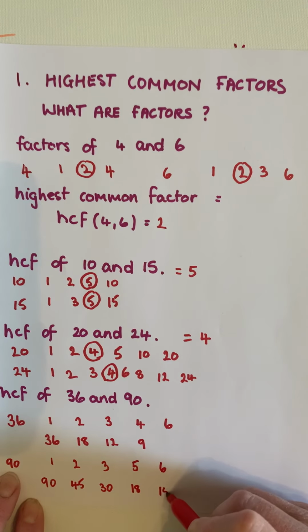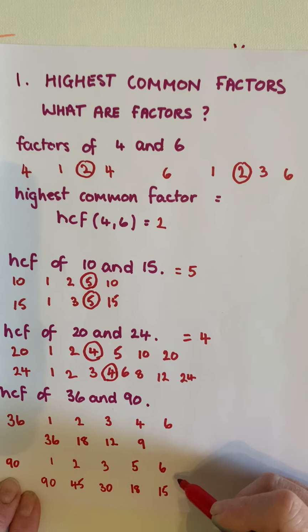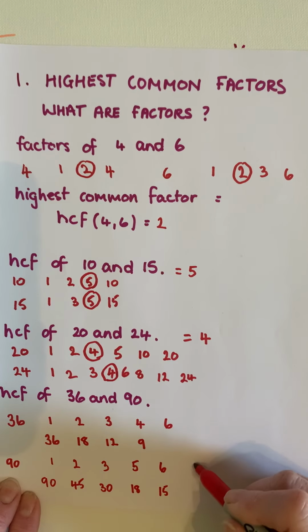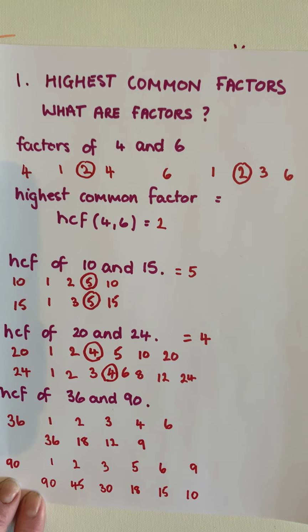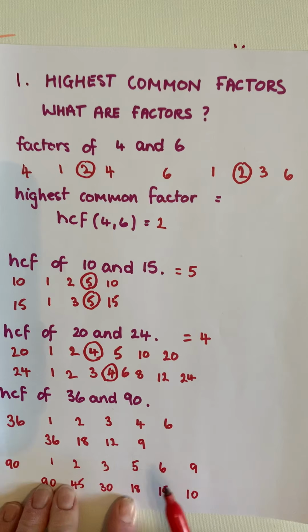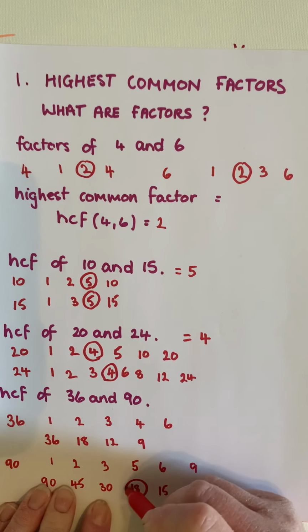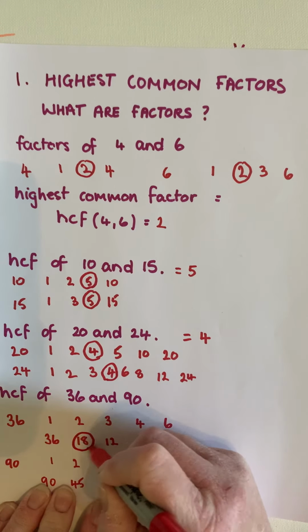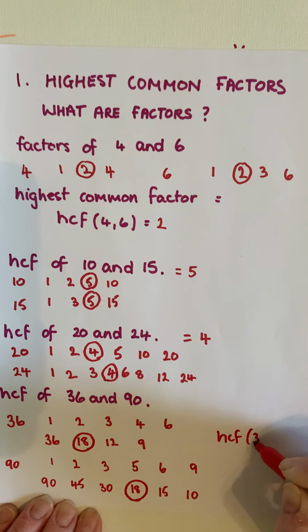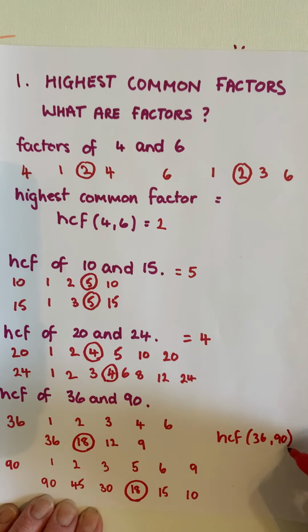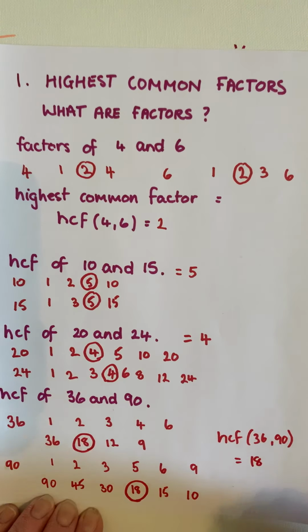6 and 15, 7 is not a factor, neither is 8, 9 and 10. Now the one that appears on both lists with the highest value is 18. So the HCF of 36 and 90 is 18.